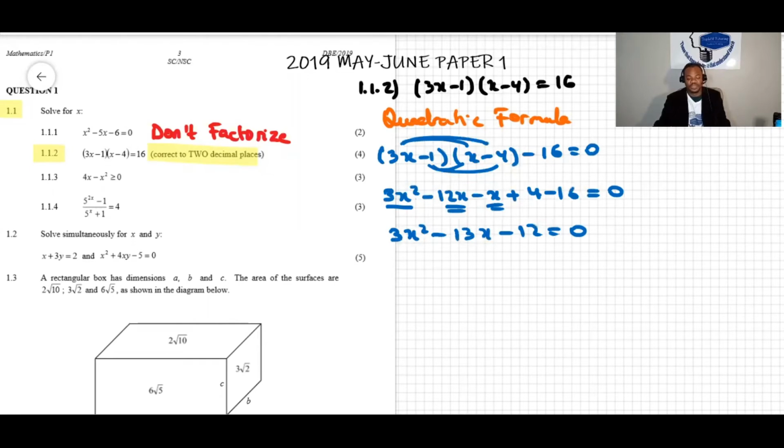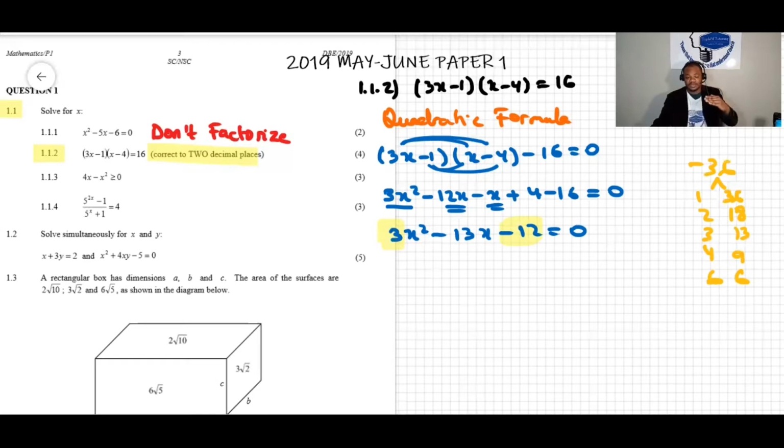Now, let me prove that we cannot factorize. If I do the coefficient of the first term times the last term, we will get negative 36, okay? And now we're going to list the factors of 36: 1 and 36, 2 and 18, 3 and 12, 4 and 9, and 6 and 6.